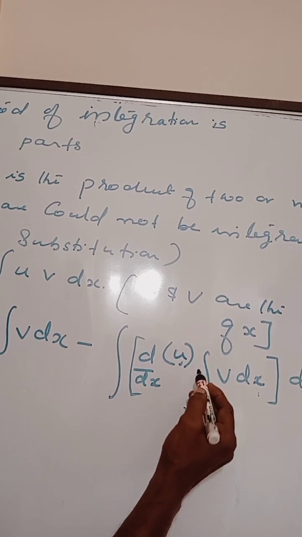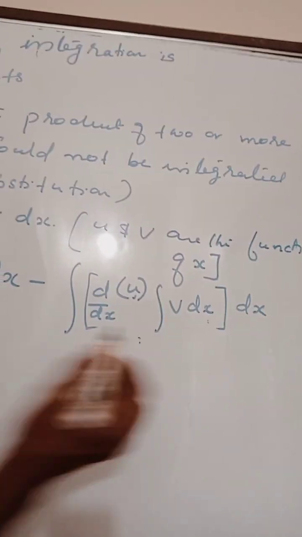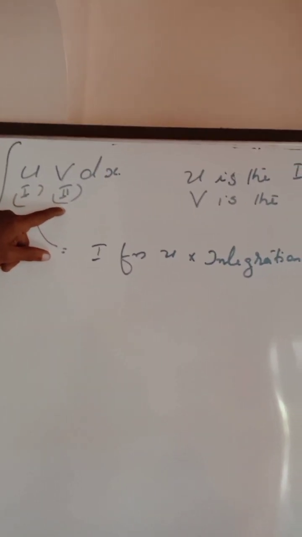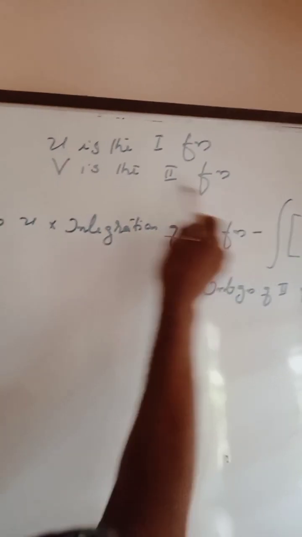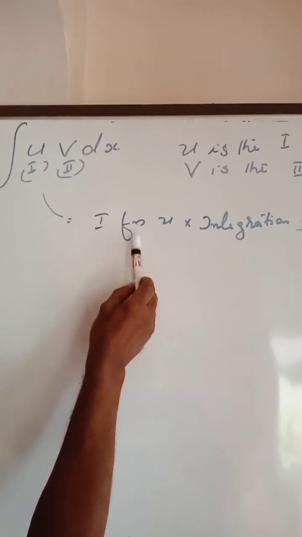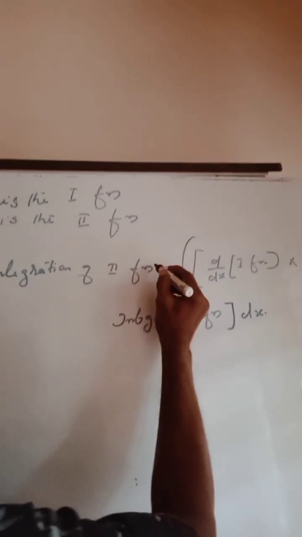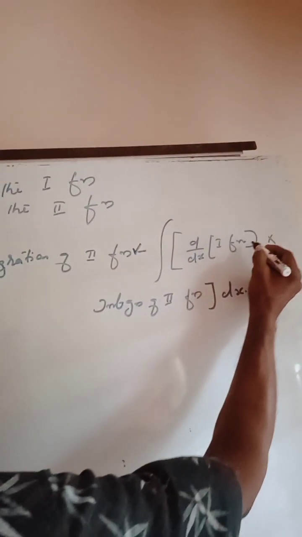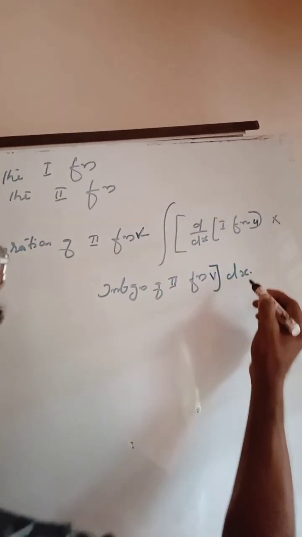Here u is the first function, v is the second function. Therefore, integration of u v dx is equal to first function u into integration of the second function v minus integration of derivative of first function u into integration of the second function v the whole into dx.